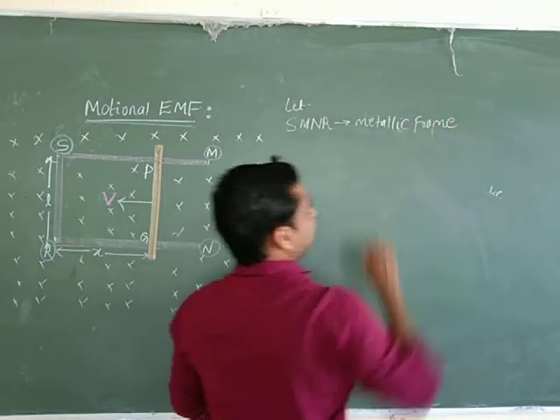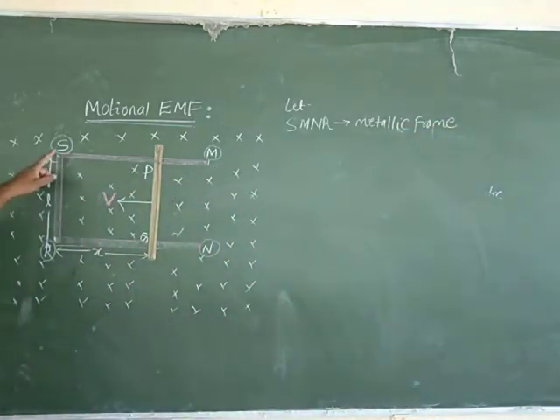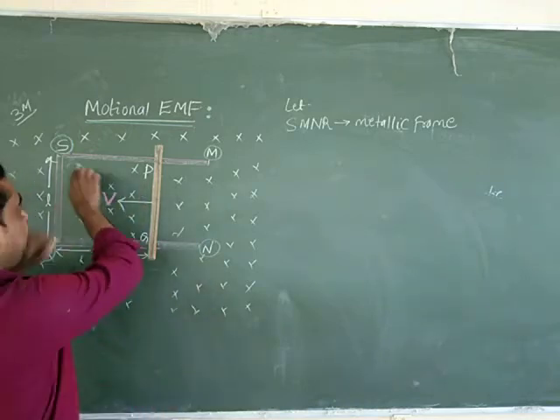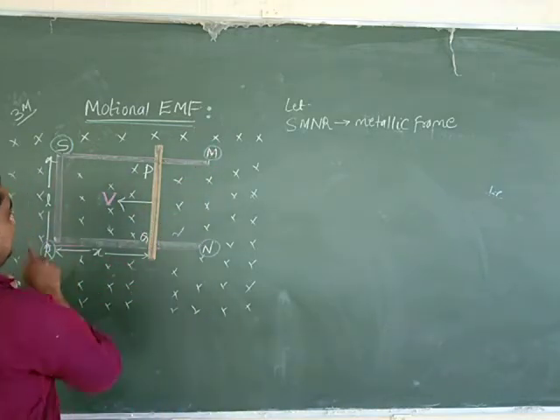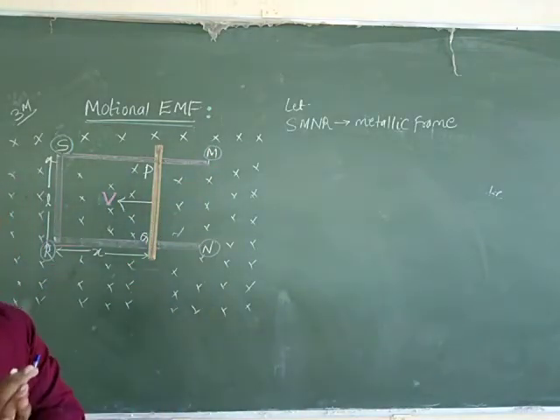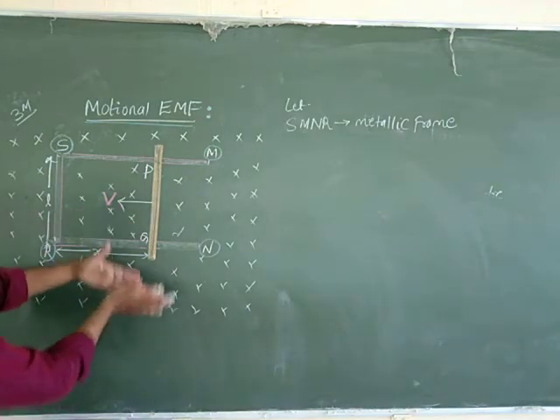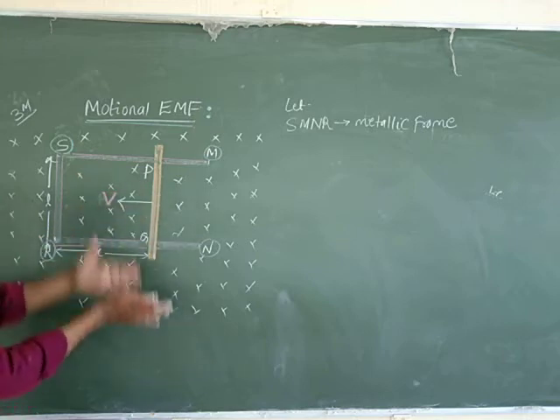SMNR is a metallic frame, right? SMNR is a metallic frame and it is placed in a uniform magnetic field. The magnetic field is perpendicular to the plane.